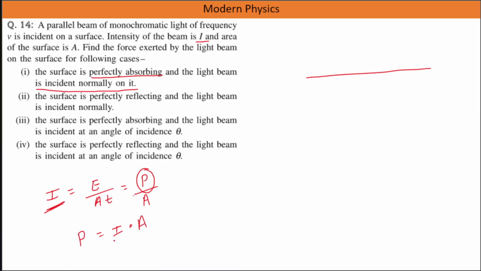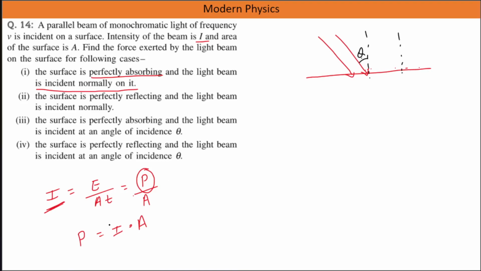Basically, if light is falling like this, and clearly you can see this is the area, the normal to the area will be this line, right? With the normal to the area, this light is making a certain angle, let's say theta. So what is the amount of energy falling per second?